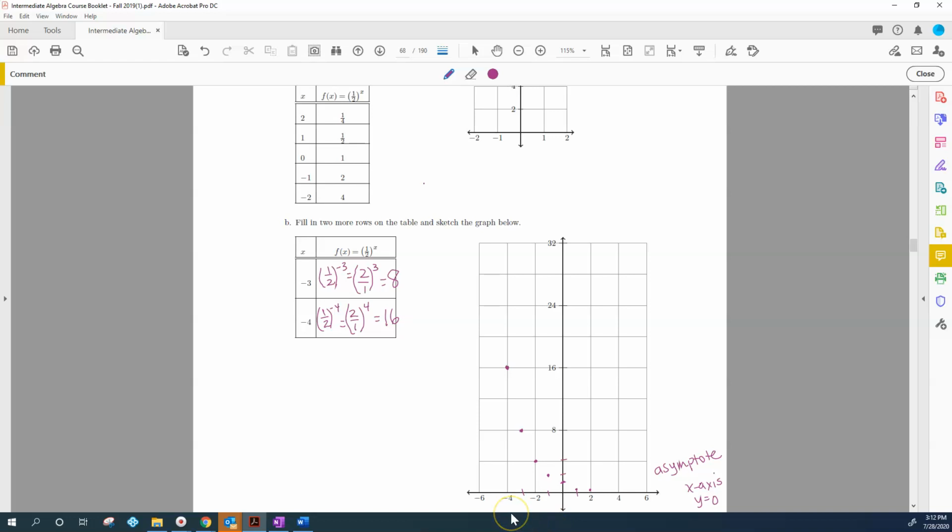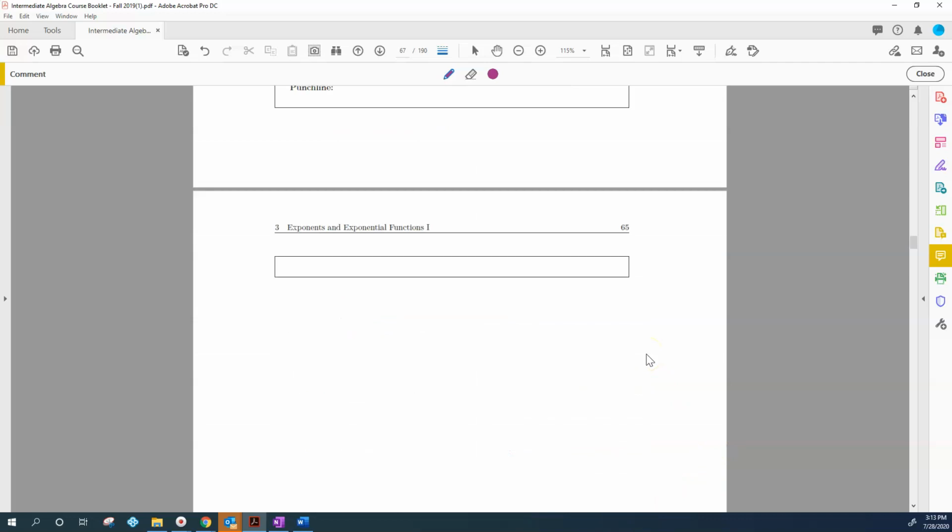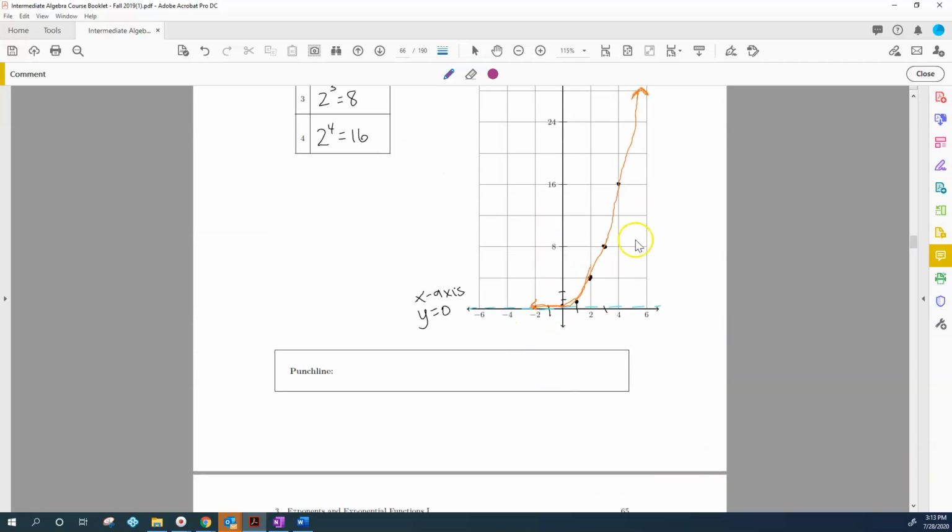That's this little dotted line I'm going to put across there. And then our graph of it is kind of going in this direction. It looks kind of like our last one, that 2 to the x power. Our points are pretty similar to each other, but it's flipped over that y-axis.